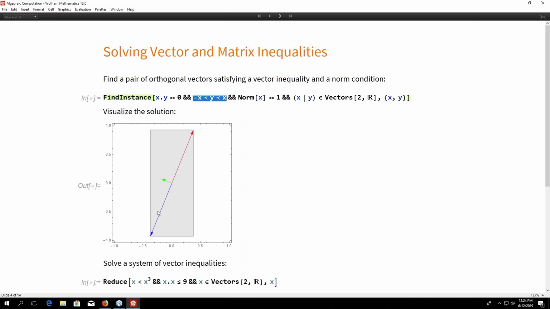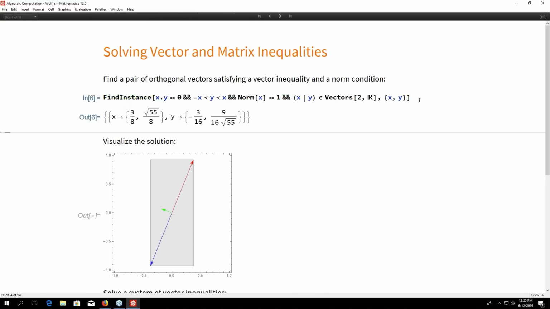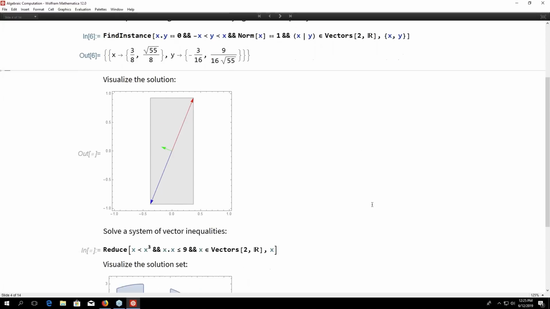So for instance, here in the visualization, the red vector is plus x, the blue vector is minus x, and the green vector has to be in the box defined by these two, by red and blue vector. And norm of vector x is 1, and here we specify that we are looking for vectors. And we get the solution for the vectors, and here the solution is visualized.